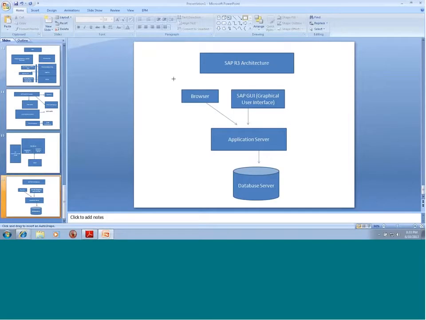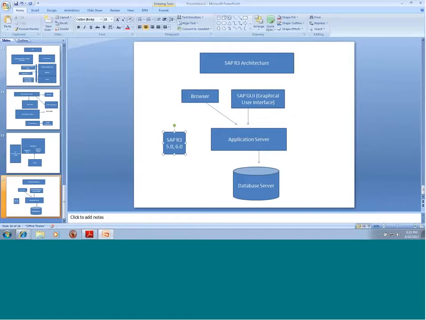So till about the early 2000s, the SAP ERP system was referred to as SAP R3, followed by a version number like 5.0 or 6.0.